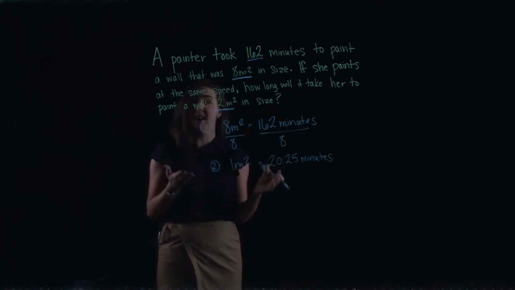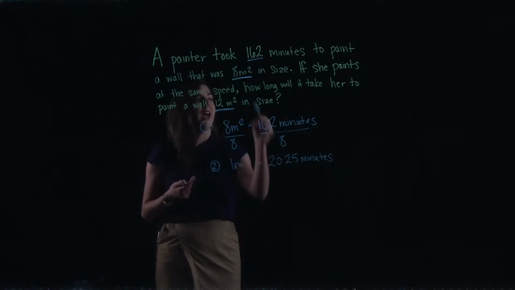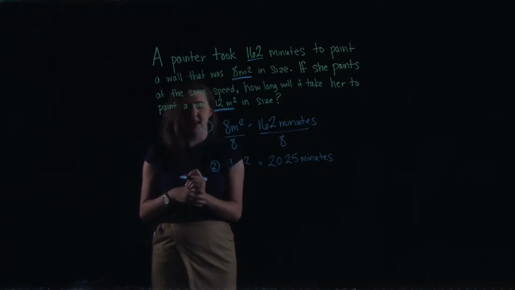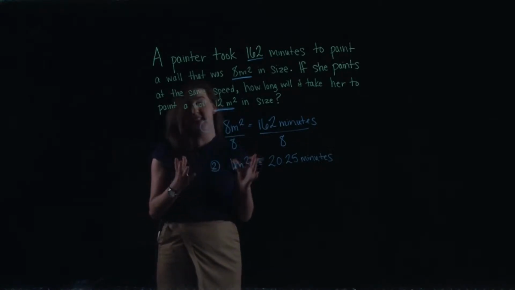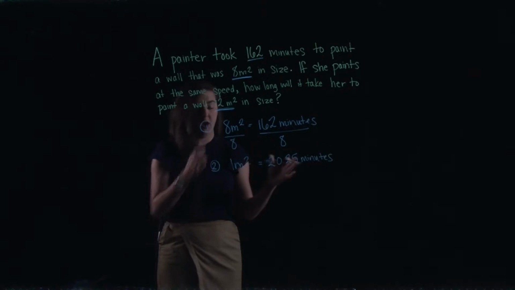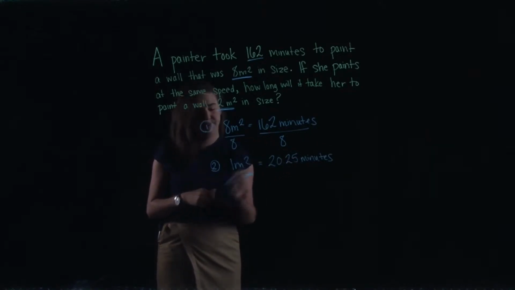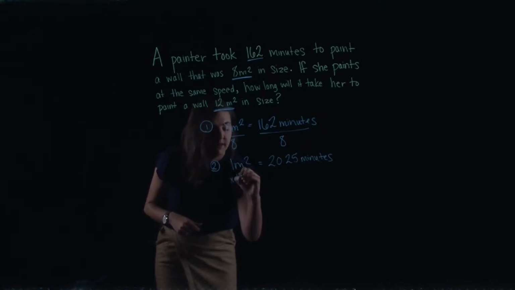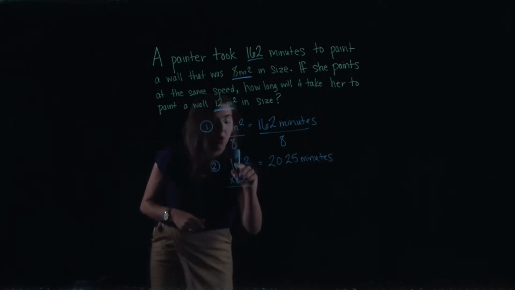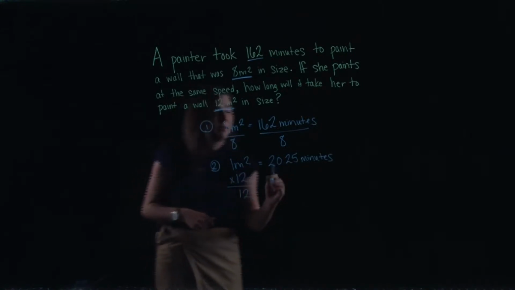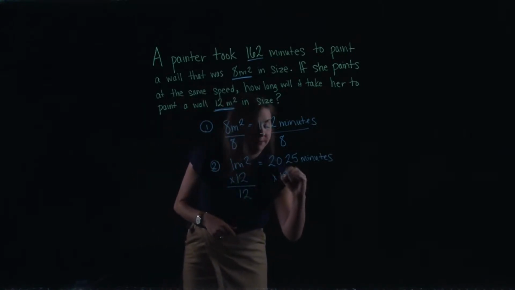But what do we need to find out? We need to find out how long it will take her to paint a wall that is 12 meters squared in size. So we do a basic multiplication problem from this point on, and we multiply both sides of the equation by 12. So we come down here and multiply by 12. 1 multiplied by 12 is 12. And we multiply the other side by 12 as well.